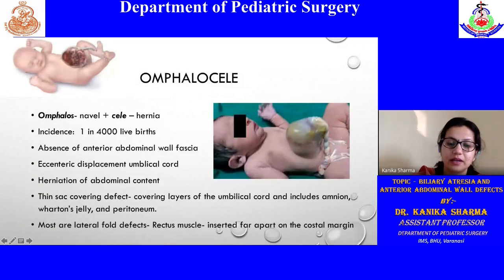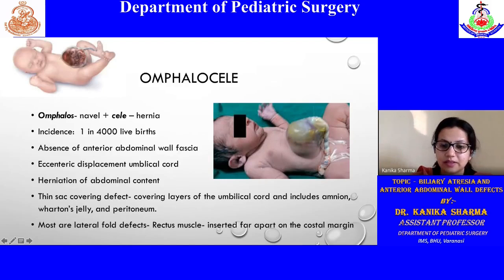What happens during the gut rotation period is that the entire bowel comes out and this entire umbilical coelom fails to return back to the abdomen. So usually what we see in omphalocele is that the umbilicus is a part of a sac and has herniated abdominal contents in the sac.